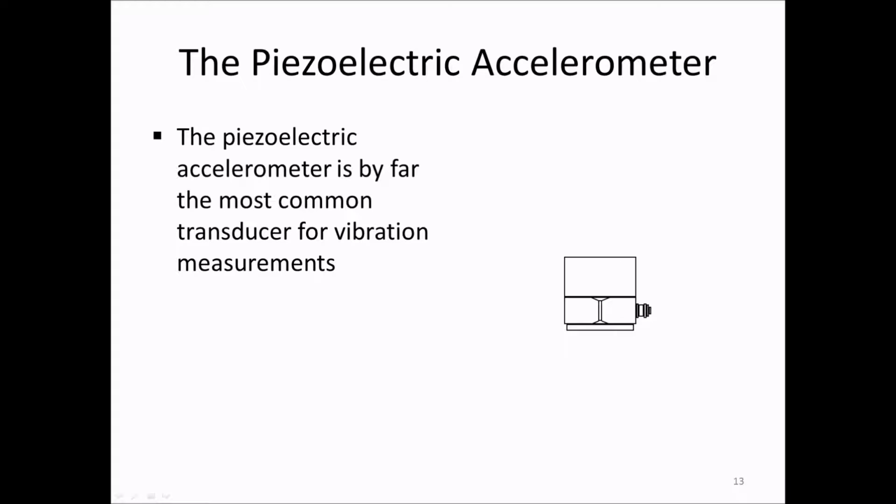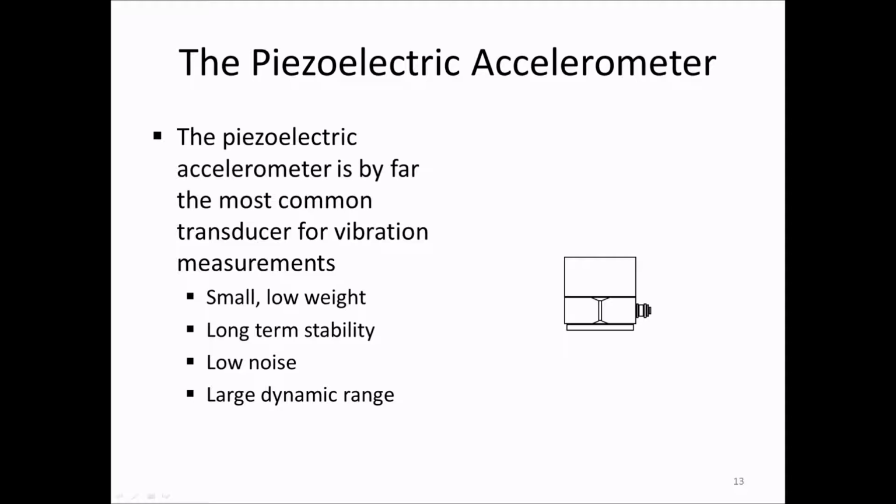This is partly due to its small size and low weight, but also because it has a very long term stability. And also it has a low noise level as well as a large dynamic range. And it has a large frequency range over which it can operate.